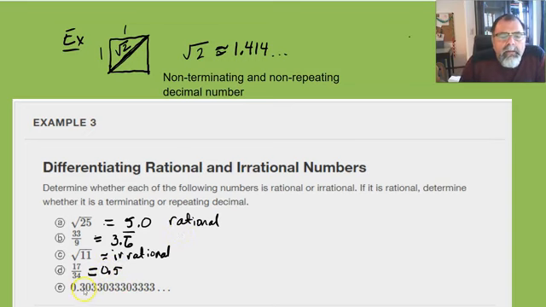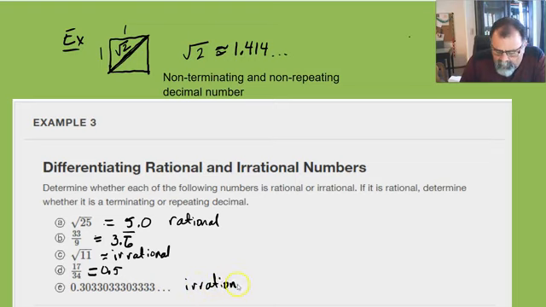And then this one, it's 0.3033033330. So even though there's a pattern in there, it's not technically repeating. So that one we would consider irrational.